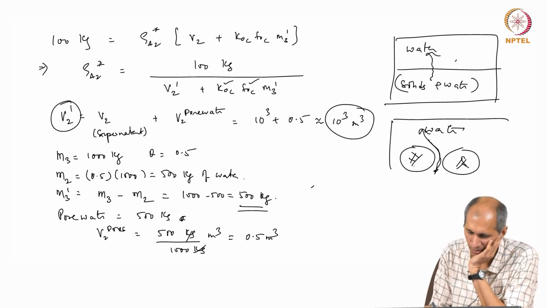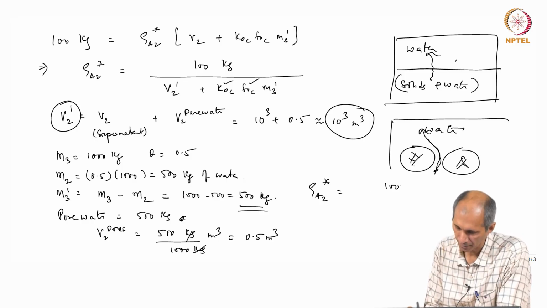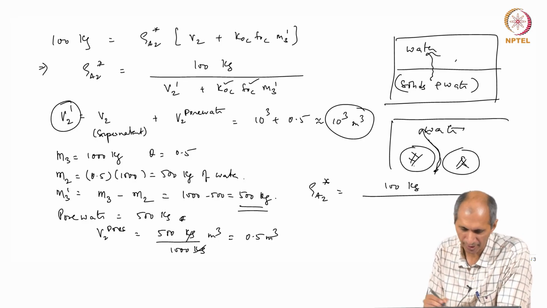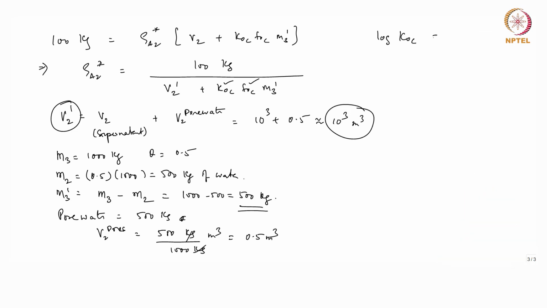Okay. So, now we will plug in all these values in here. rho A2 star equals 1000 kilograms divided by, now the value of KOC, log KOC is 4, KOC is 10 raised to 4 and the units are liter per kilogram. I had mentioned this to you when we were discussing KOC.